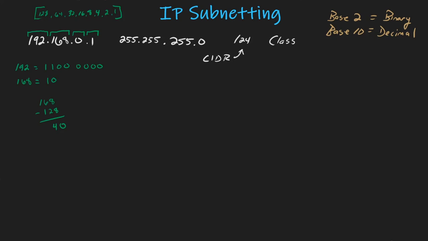So we still need to do 40 values here. But we can fit a 32. 32 is less than 40. So we can have a 32 value. And we'll subtract 32 from our 40, which leaves us with 8. So now we're in the 16 column. We can't fit any 16s. However, we can fit an 8, as that's all that we have remaining. And we'll put in the trailing zeros. So that is 168 in binary.